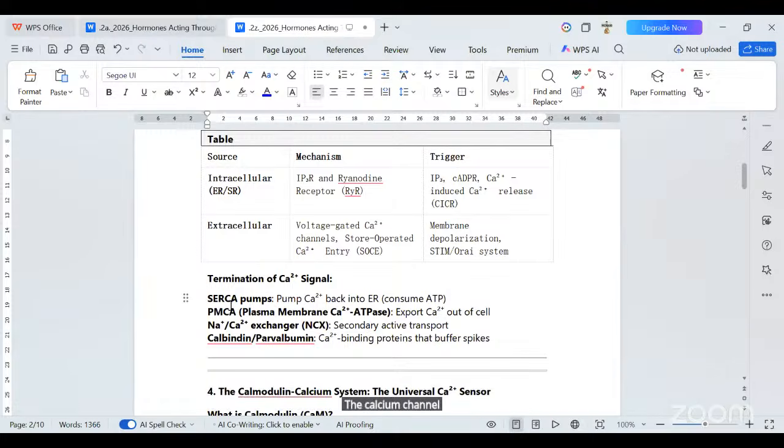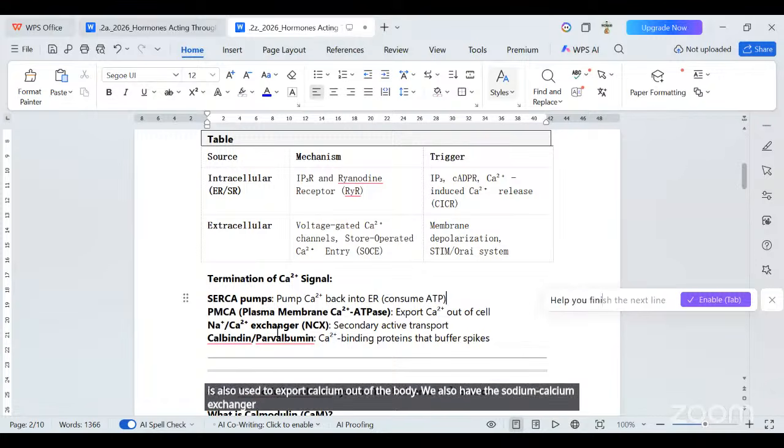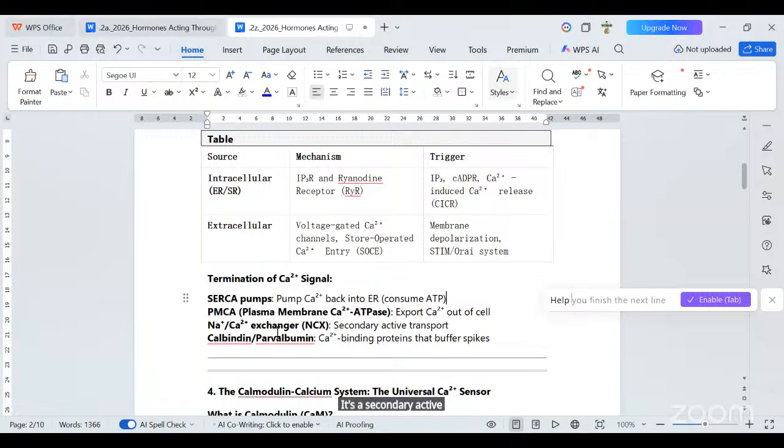Also the PMCA, plasma membrane calcium ATPase channel, is used to export calcium out of the body. We also have the sodium calcium exchanger. It's a secondary active transport. And then we have calbindin and parvalbumin, which, from the name, you should know, comes from albumin.